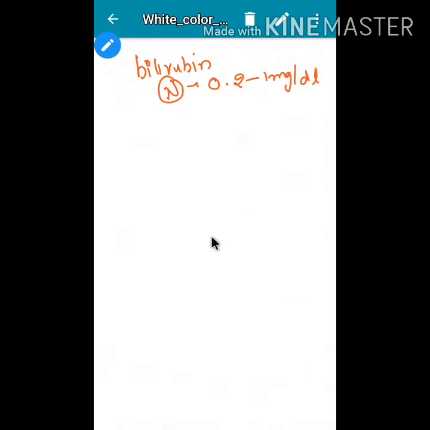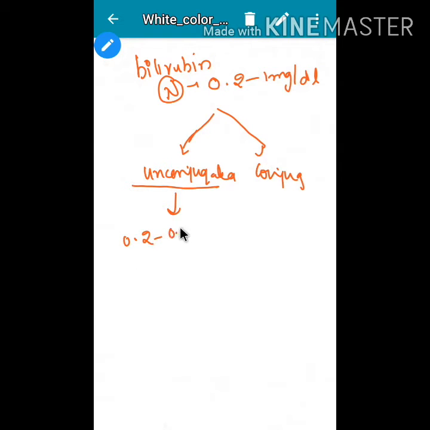This is the normal level. In this we have both unconjugated and conjugated bilirubin. The conjugated level is 0.2 to 0.4 milligrams per dl, whereas the unconjugated level is 0.2 to 0.6 milligrams per dl.